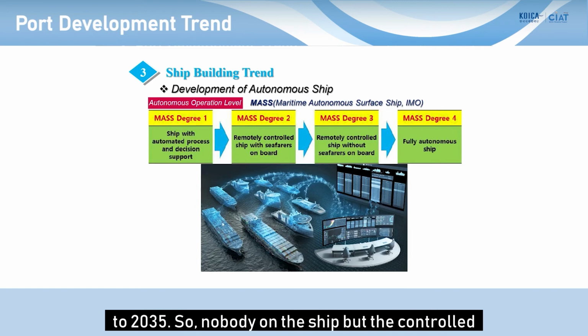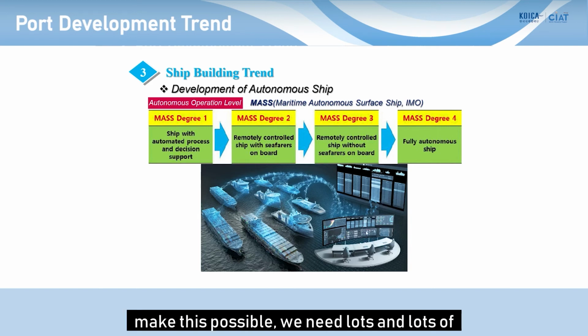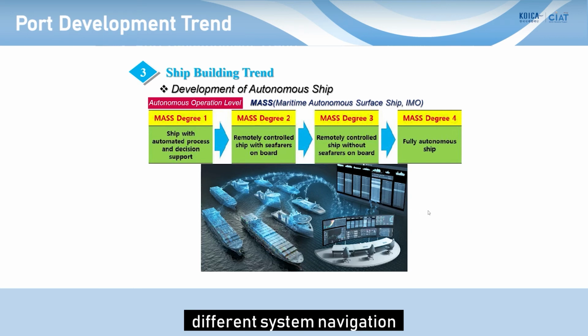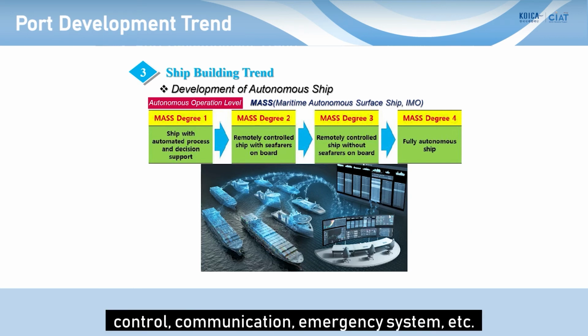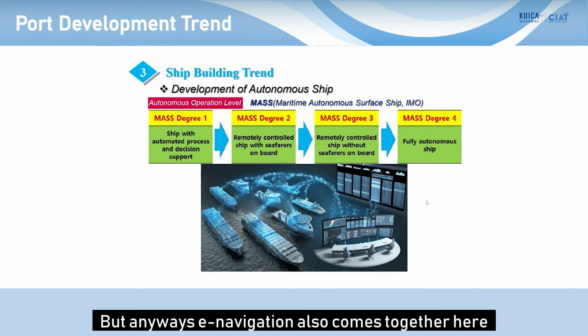So nobody on the ship, but controlled by the shoreside control center. In order for this to be possible, we need a lot of different systems, including navigation aid, control, communication, emergency support systems, etc. But anyway, e-navigation also comes together here.